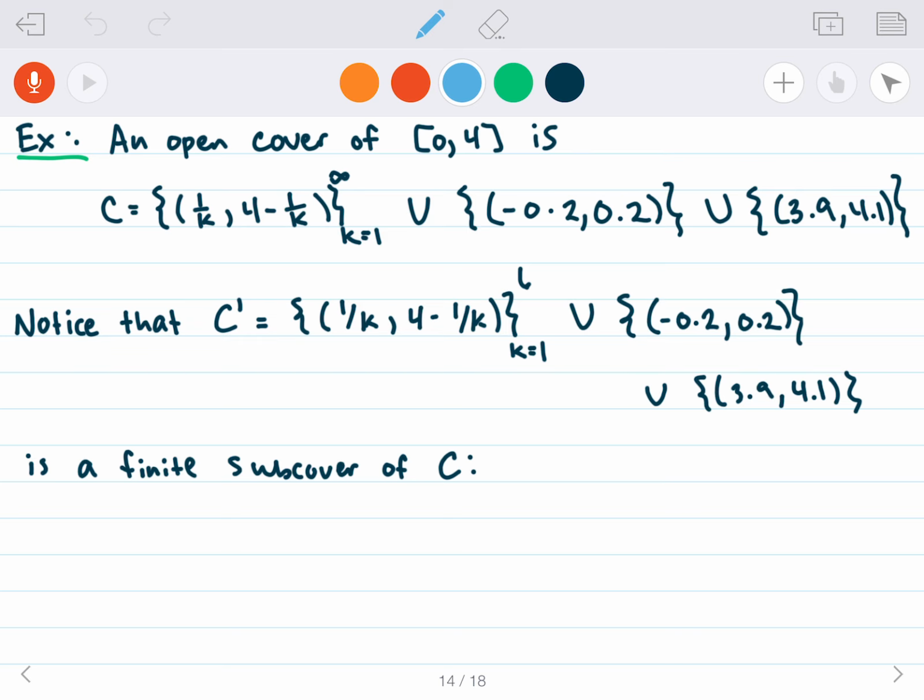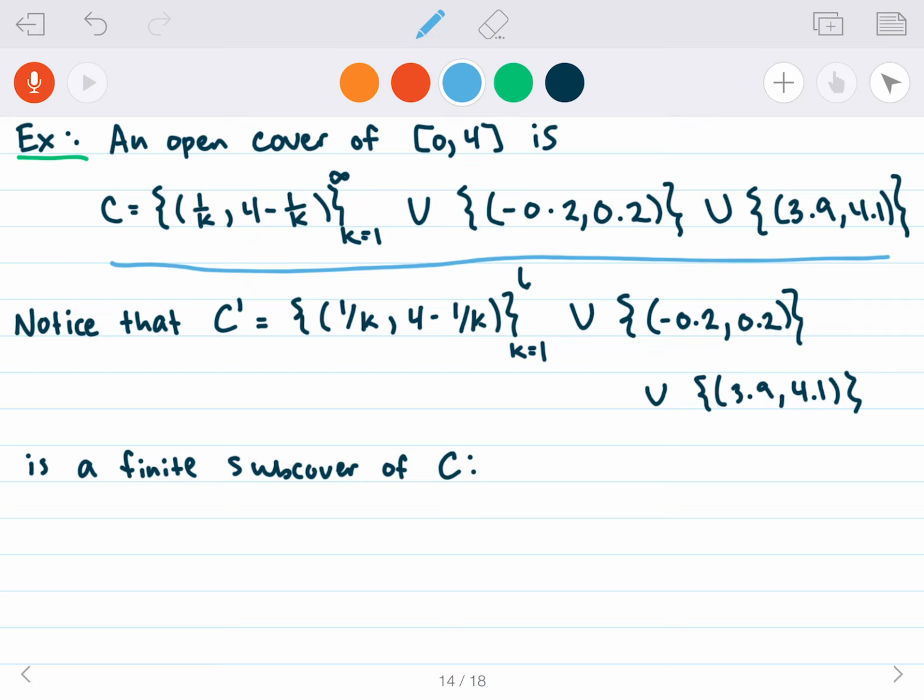All right, so now here's the closed and bounded case. We've been looking at open and bounded sets, but if we consider closed and bounded, it's a different story. We're going to see that closed and bounded means that every open cover has a finite subcover, every single one we can think of. So let's look at this example. Notice that we have this open cover.